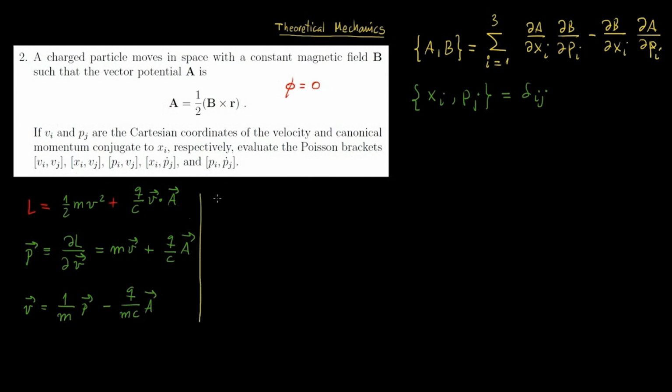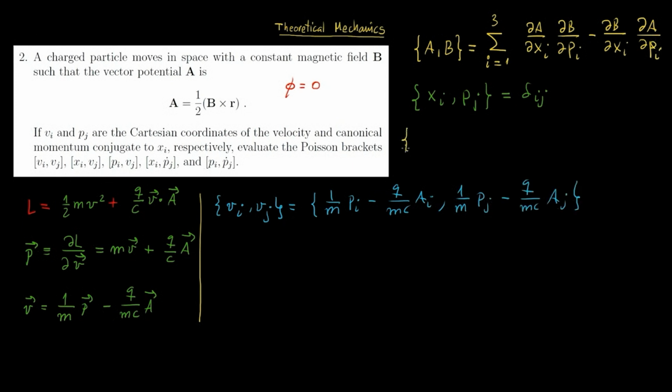And if we are interested in v_i v_j, we will have 1 over m p_i minus q over m c A_i, and the same thing but with a j here.